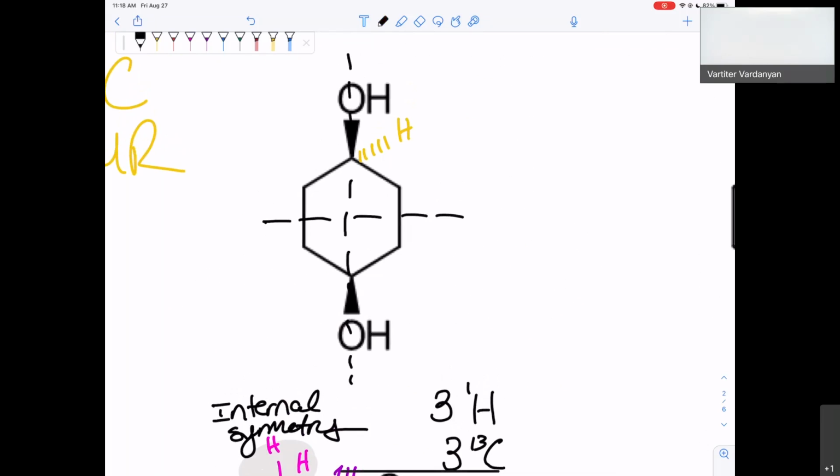So this one's pretty cool because we can kind of just cut it up into quadrants, right? And we know all 4 quadrants are exactly the same. So this carbon is exactly the same as this carbon, which is exactly the same as this one, which is exactly the same as this one. So we could also say that the hydrogens on each of those carbons are also exactly the same, right?